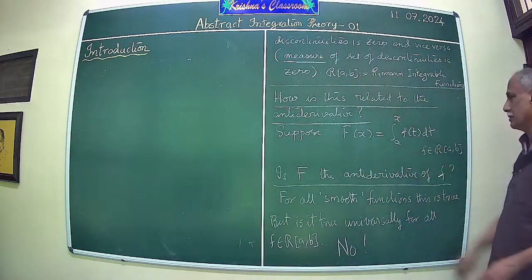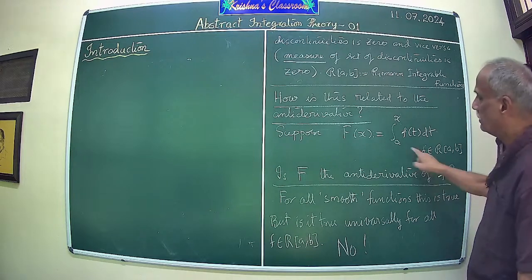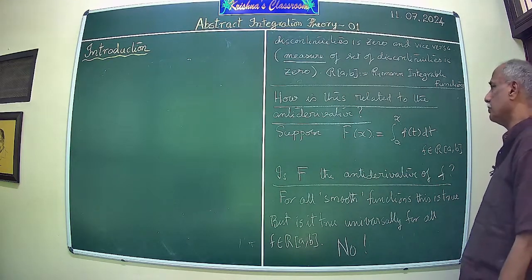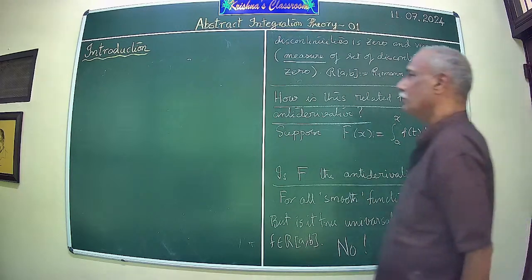You can find functions which are Riemann integrable, from which you can pick up the particular F, but F's derivative may not exist.